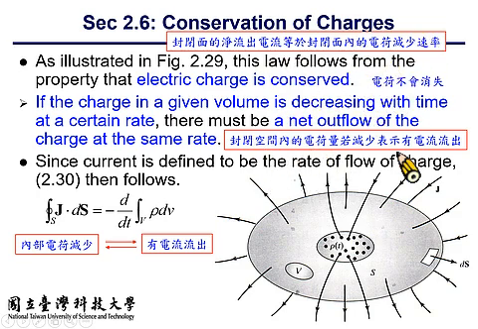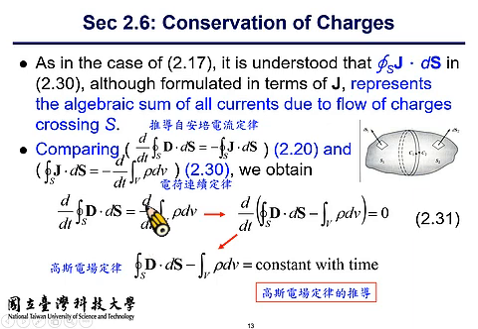And if this is true, the implication is that there is a current flowing out of the space. So as the electrical charge becomes smaller and smaller within this volume, this means there are currents flowing out of this closed space. All right.